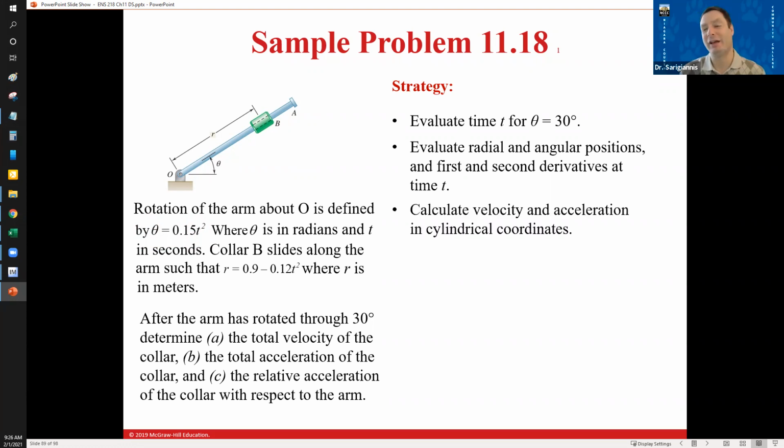Then you can calculate velocity and acceleration based on those equations. Once you have all that information, we can go back to our concept of relative position or relative velocity. Now we're looking at relative acceleration, and we can evaluate that for the collar with respect to the arm.